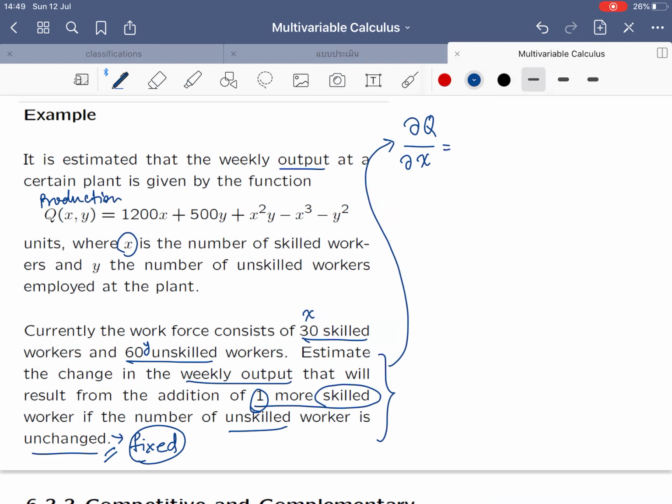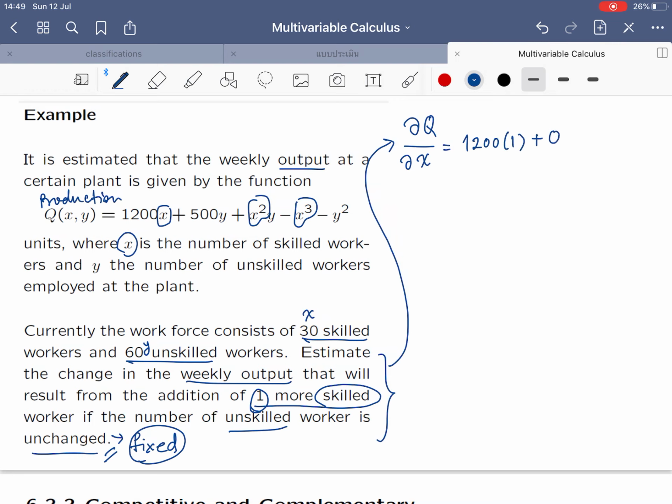Okay, so let's see what happened. You need to find it at the arbitrary point (x, y) first. So here your x is a variable, there your x is a variable, there your x is a variable, and the rest will be regarded as a constant. So this one is 1200, the derivative of x is 1.